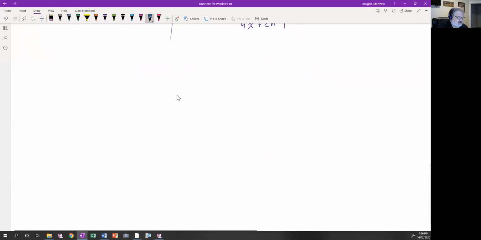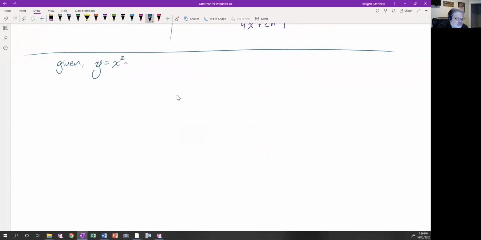All right. Let's see. Something common to need to do. Let's say given y equals x squared minus 2x minus 9. Find x-intercepts.